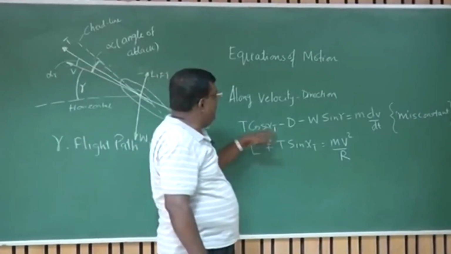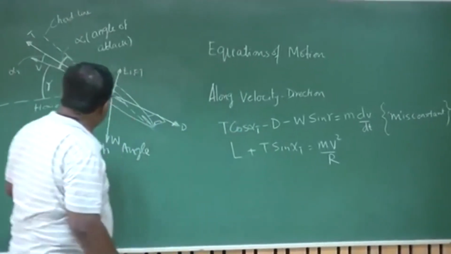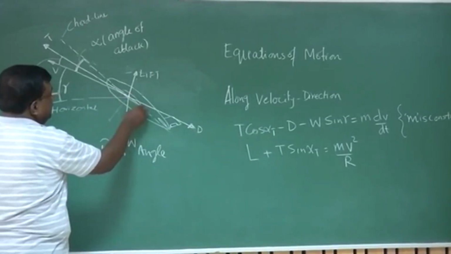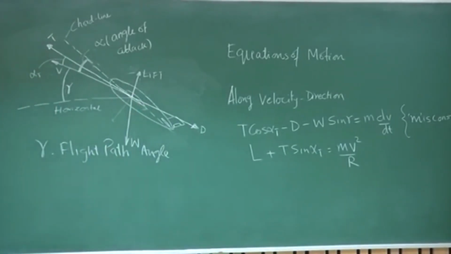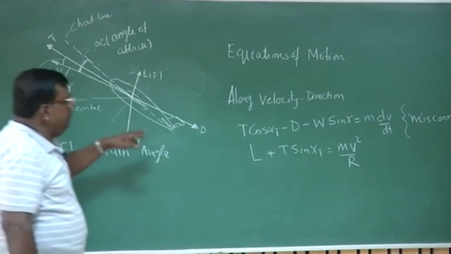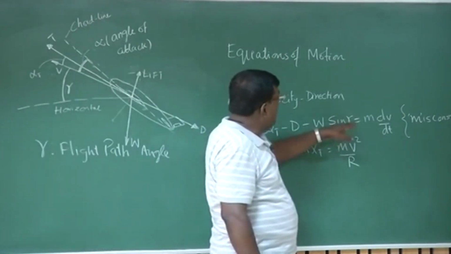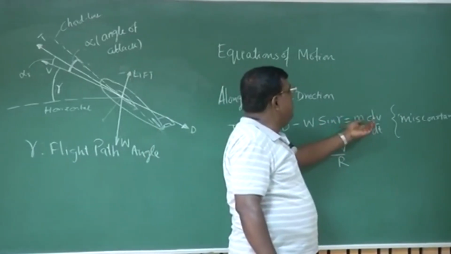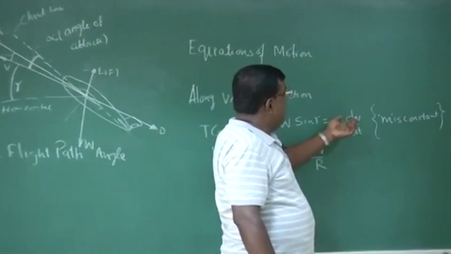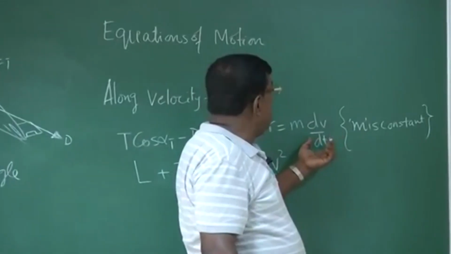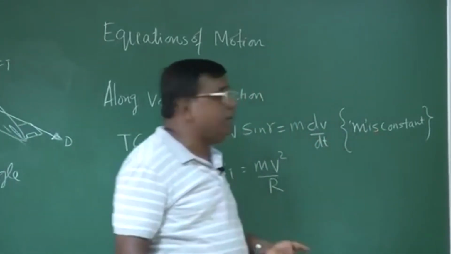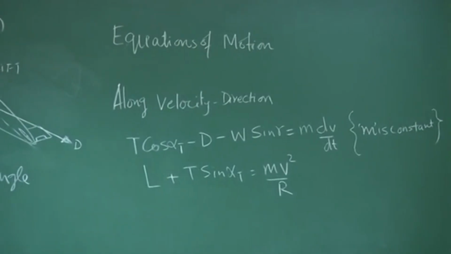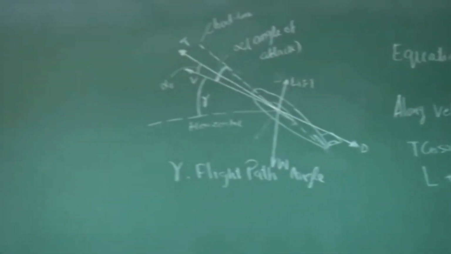So T cos alpha t minus D. At the same time, the weight also will have a component along the velocity direction, which will also try to oppose it. So there is a W sin gamma, and this net force will give an acceleration which is m dV by dt. But please note a word of caution here. We are assuming m is constant. That means we are actually assuming that the weight change because of fuel consumption is negligible.